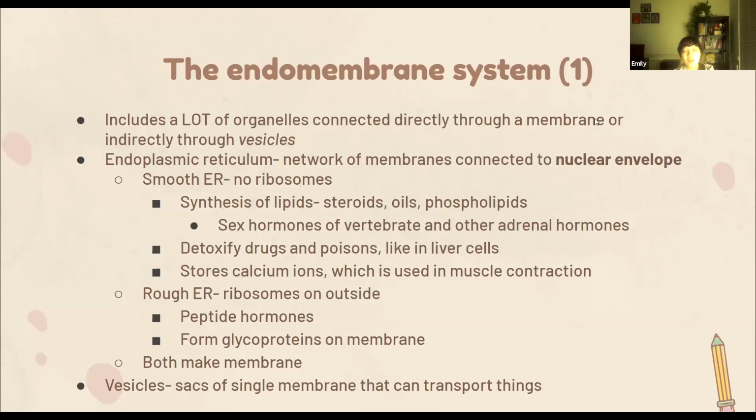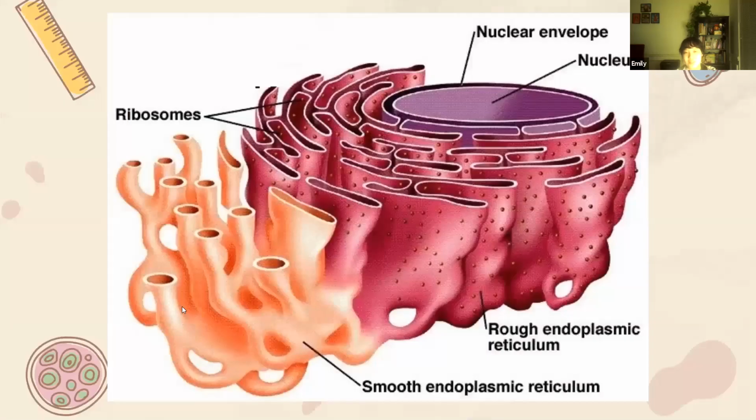There are two types of membranes that stem from the nucleus. You have your smooth endoplasmic reticulum, and it's called smooth because there are no ribosomes on it. Moving on to the next slide, as you can see, the more coral colored one is very smooth. There are no little dots, and those are ribosomes. That's why I call it smooth.